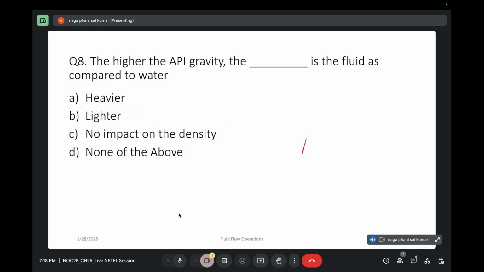So if API is higher, or let's say if it is greater than 10, what would be the nature of the fluid? Is it lighter or heavier than water? If the value of API is more than 10, not degrees Celsius, it is degrees API. So if it is more than 10 degrees, then the fluid is considered as, let me recall the formula as well. 141.5, I guess, I'm not sure, over specific gravity.